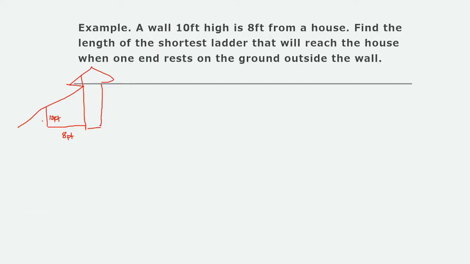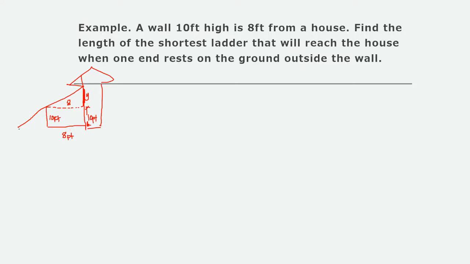By similar triangles, the length of this one here is also 8 because it is parallel with this one. And this one is unknown since we don't know the height from here. But we know that the height of this is 10 feet because it's parallel with this one.